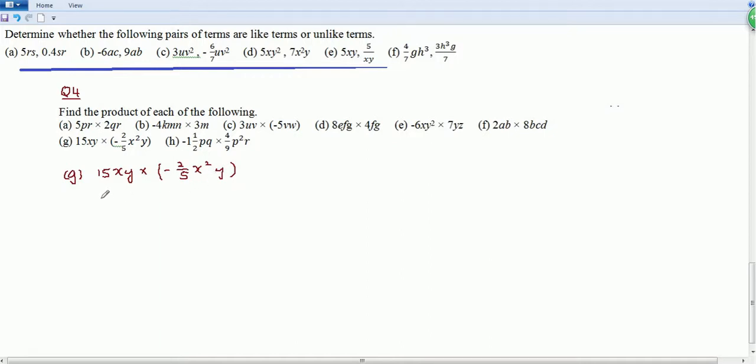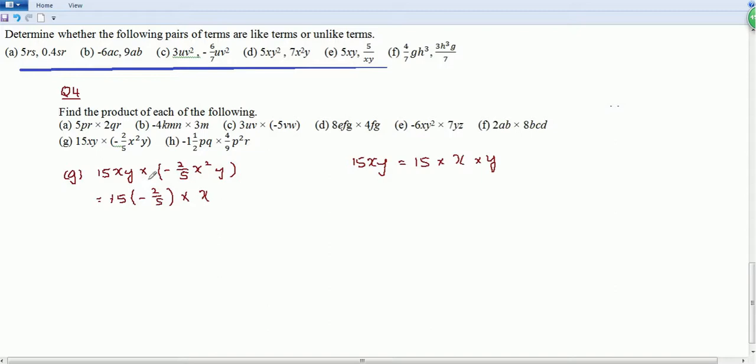This is actually very easy. 15xy is equal to 15 multiplied by x multiplied by y, but we do not write the term this way. We just combine everything together. If you want to multiply, you can group the numbers together.